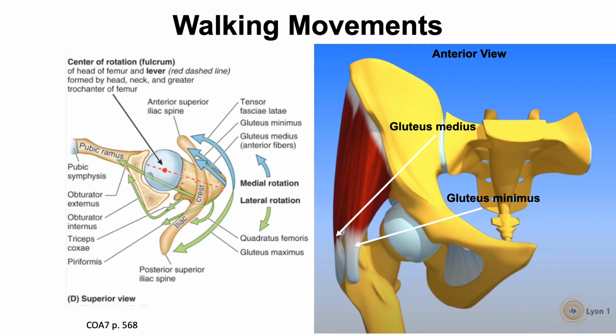So with the medial rotation, that is going to be with our gluteus medius and our gluteus minimus muscles. These are both 2 superiorly located muscles that attach on the anterior side of the greater trochanter. So those are going to be those kind of light blue arrows. And in the image to your right, you can see how they wrap around to the front of this anterior view, where the minimus sits more anteriorly than the medius as attachments onto that greater trochanter.